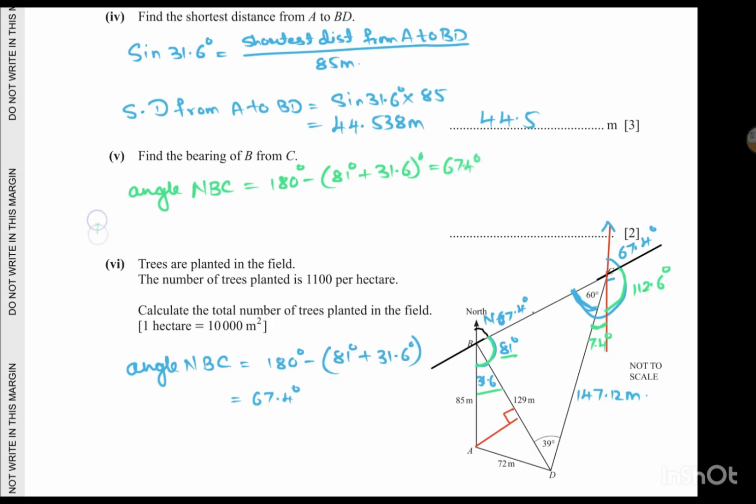So the bearing of B from C is equal to 67.4 plus 112.6 plus 7.4 plus 7.4 plus 60 degrees.